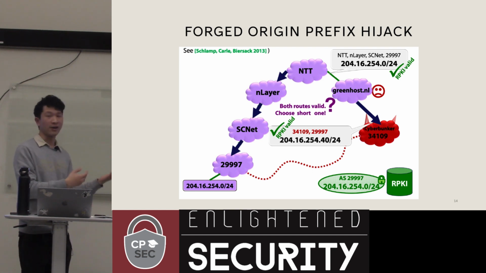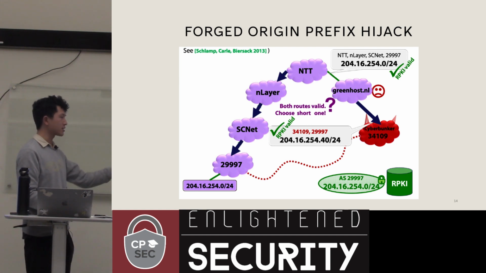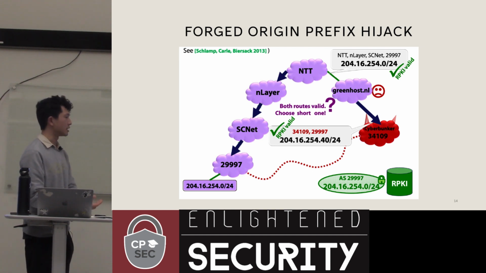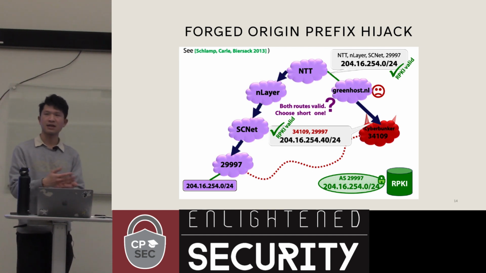This announcement is now, quote unquote, valid, even though it's obviously not, because it's going to have the same impact of drawing that traffic in, and now you can do whatever you want with it.